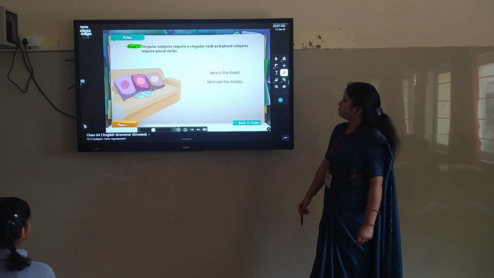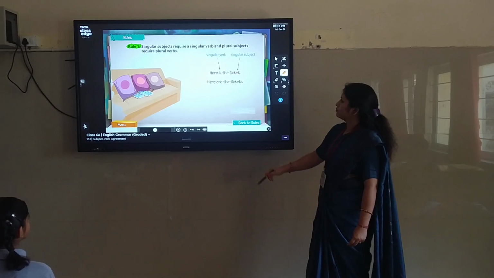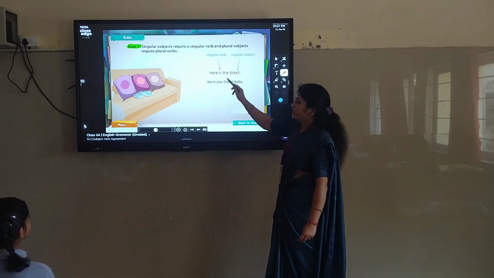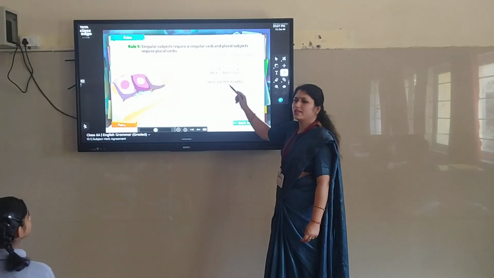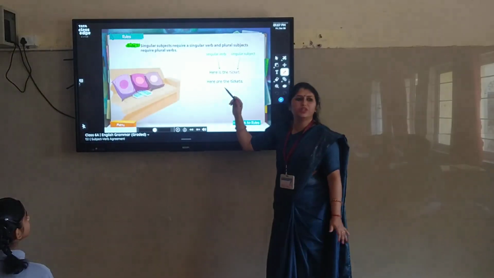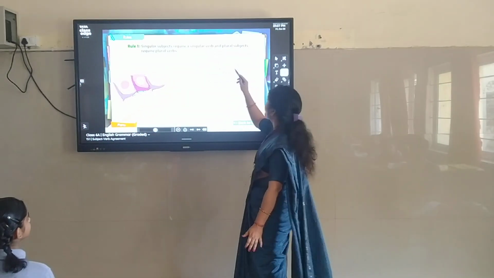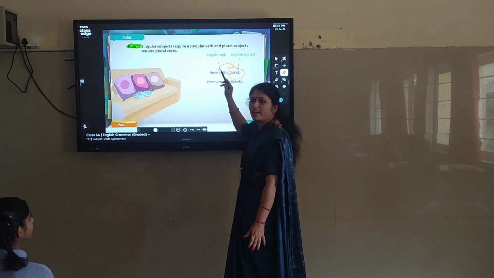Now, sometimes the subject follows the verb. In these sentences, the verb agrees with the subject that follows it. Here is the ticket. What is the sentence? Here is the ticket. What is the subject here? So the verb will match according to the number of the subject.